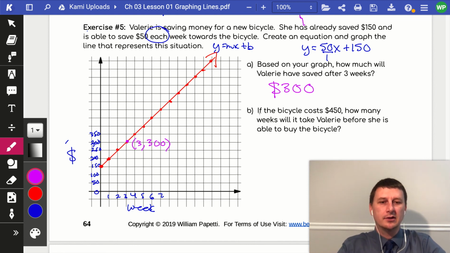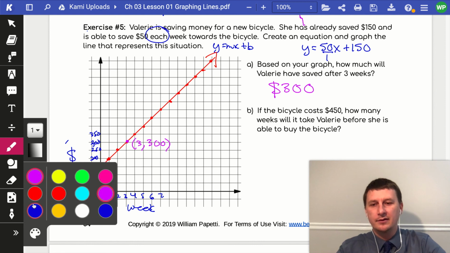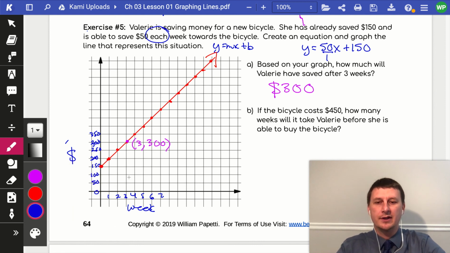If the bicycle costs $450, how many weeks will it take Valerie before she is able to buy the bicycle? So we're going to do that one like in reverse of what we just did for the part A. So we're going to go up to 450, so I'll label this up to 450. So we know that 450 is right here. We're going to follow it over until we hit the graph right there, and that's going to be the point.